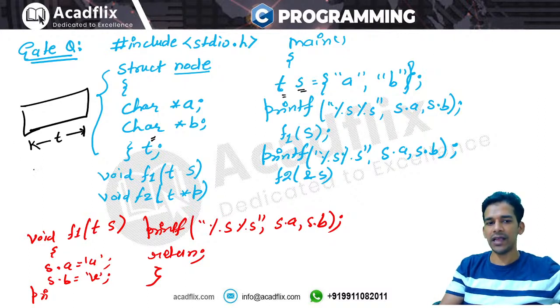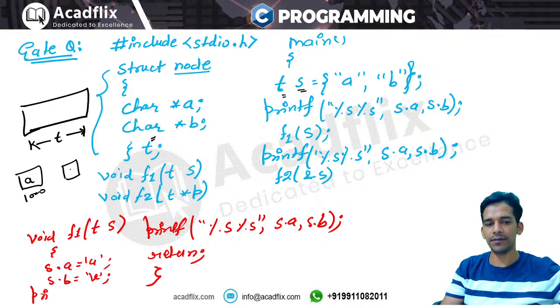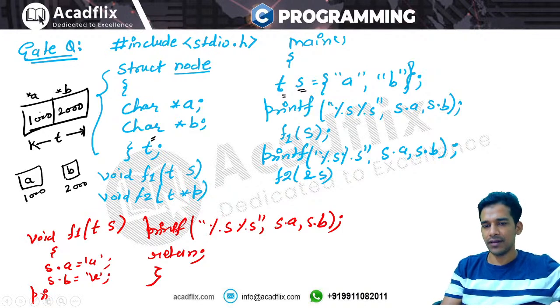So this means that we have a string a stored somewhere in memory and we have a string b which is also stored somewhere in the memory, and the addresses of these 2 strings are stored in these pointers. In the pointer a and in the pointer b we have stored these addresses, right?